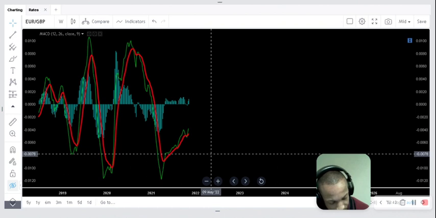So let me write that. We just had a cross, but it's still under the histogram, which still means anything can happen on a downward, because it didn't cross above the histogram. So it's still under it. The momentum is above the histogram. Okay, so up. So I wrote down up, but under histogram.